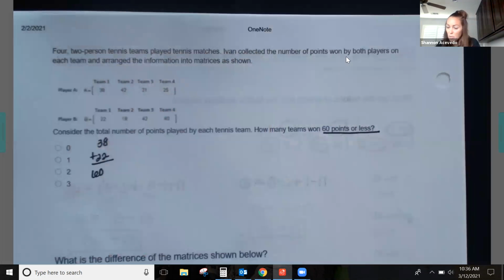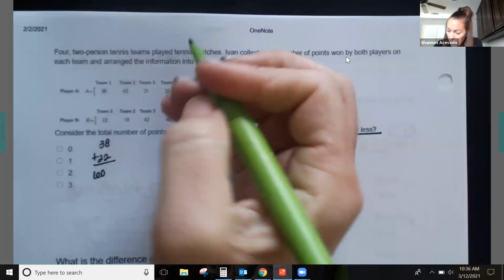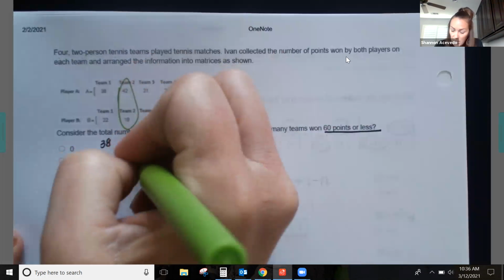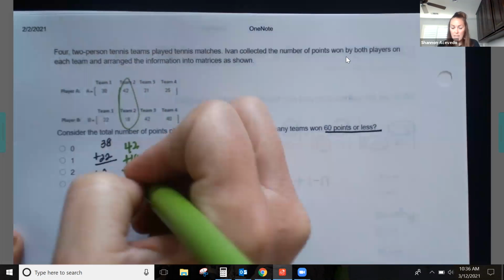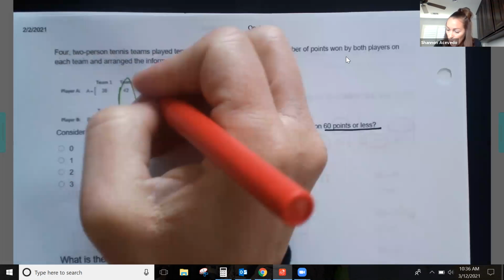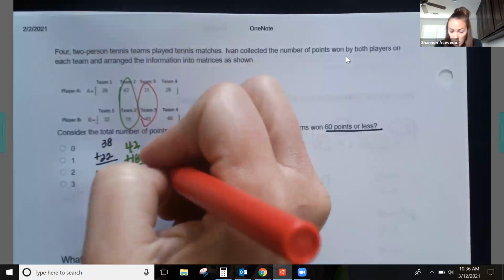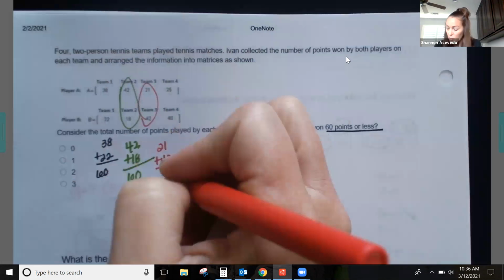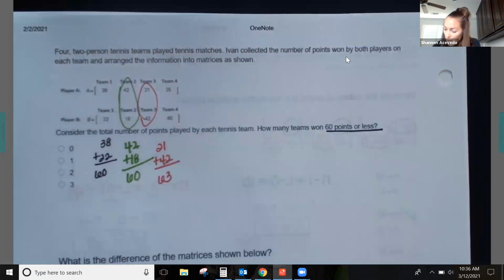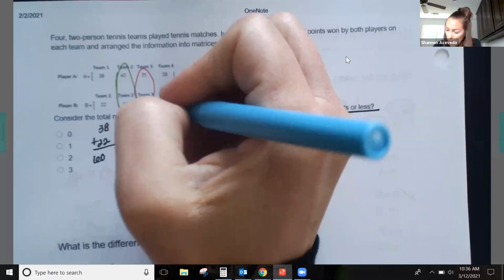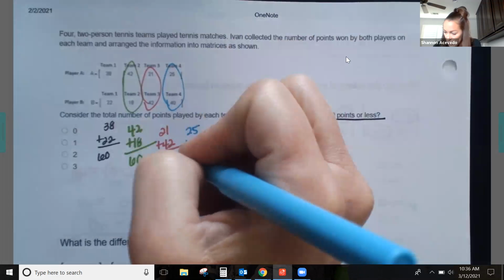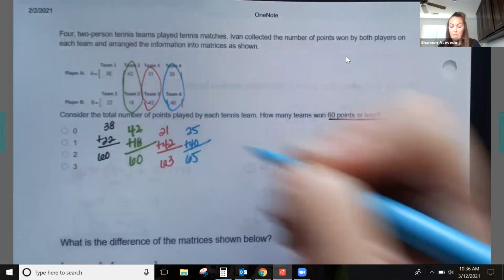For team 2 is going to be my 42 plus 18, which is going to give me 60. My team 3 is 21 plus 42, which is going to give me 63. And my team 4 is going to be my 25 plus 40, which is 65.